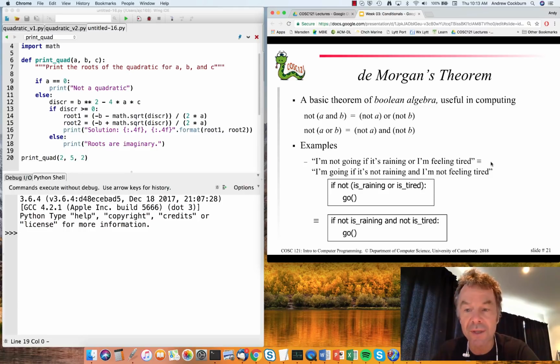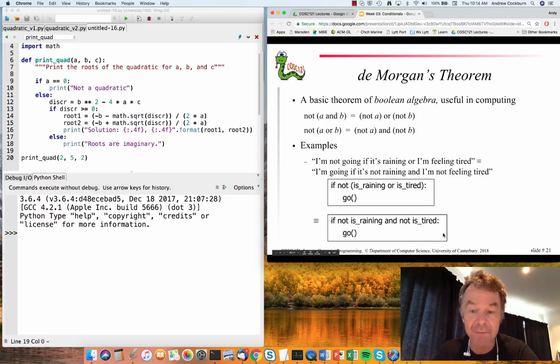Through De Morgan's rule, this is directly equivalent to, I'm not going if it's not raining and I'm not feeling tired. So we could rewrite these statements in pseudocode as if not, brackets, is raining or is tired, go, which is directly equivalent to, probably the simpler version in this case, if not is raining and not is tired, go.